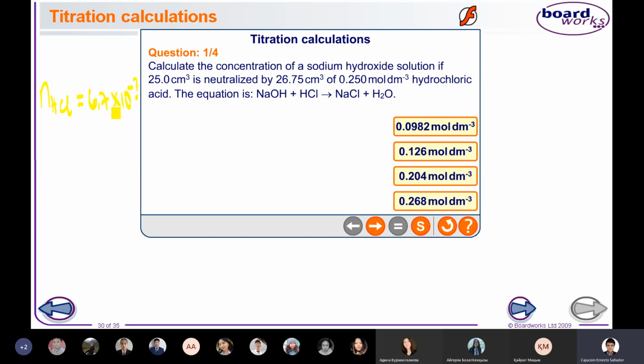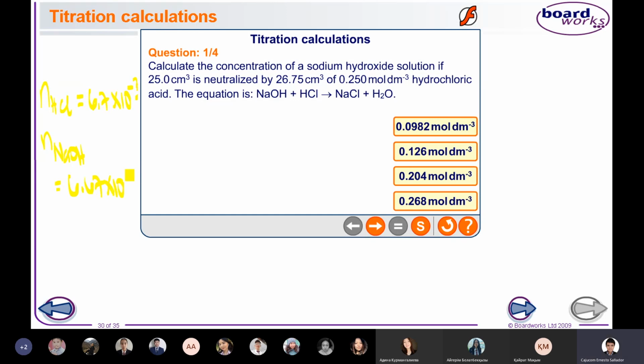So I hope everybody knows how to calculate the number of moles there. After doing that, you would notice that the ratio of sodium hydroxide to HCl is 1:1. So if this is 6.7 times 10 to the -3 moles of HCl, the number of moles of NaOH is basically the same.